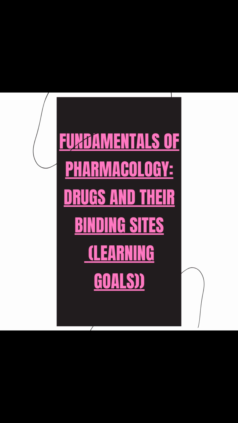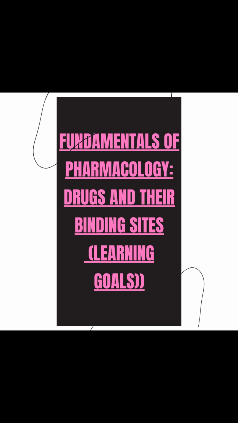D. Inverse agonists. Inverse agonists also bind to the same active site of the receptor, but they stabilize the inactive conformation of the receptor. This results in a decrease in the basal or constitutive activity of the receptor. Inverse agonists essentially turn off the receptor's activity, which can be beneficial in situations where the receptor is overactive even without the presence of an agonist.